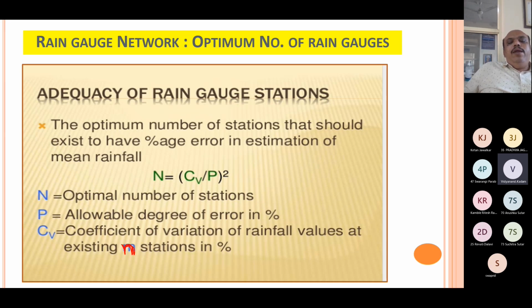Okay, so this allowable degree of error may be 5%, 6%, or it may be up to 10%. So this allowable degree of error, which is expressed in percentage, is in estimation of mean rainfall. Okay, this much error is allowed. So on that basis, we have to find out capital N, that is optimum number of rain gauges required in an area.